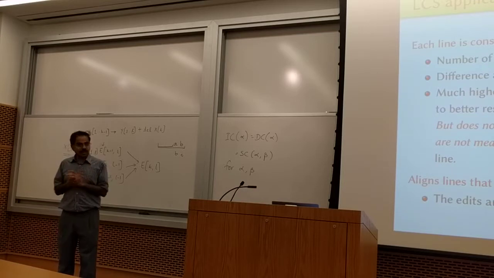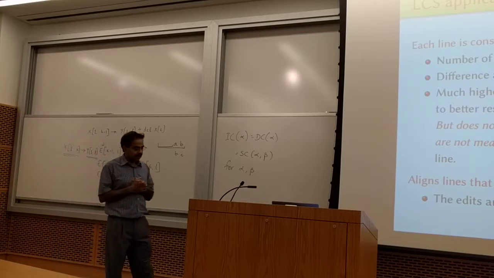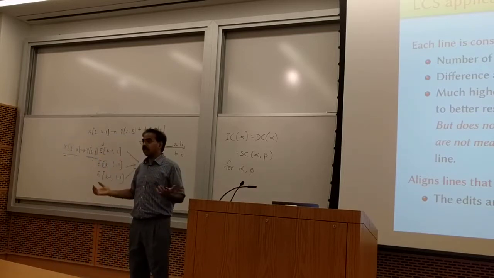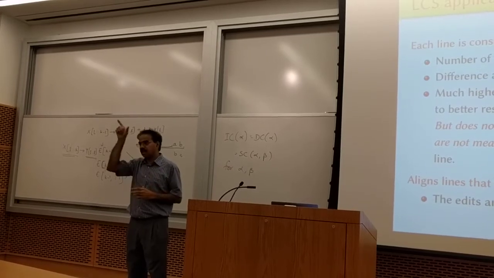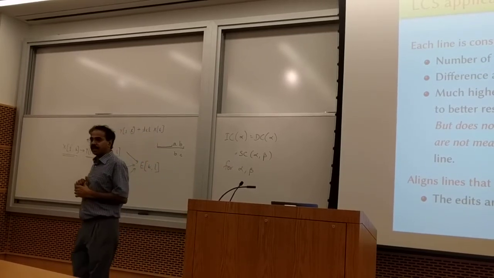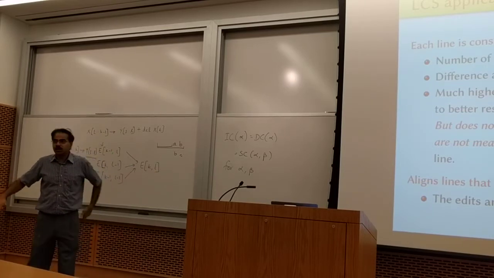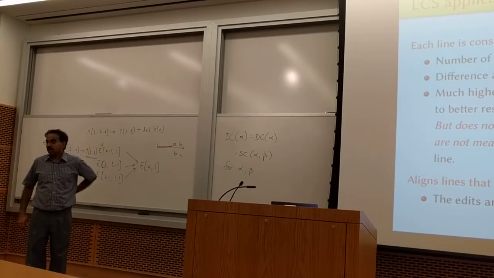Another reason why you look at lines is because that cuts down the length of your strings. Now your string has the length equal to the number of lines in the file, because each line is being converted into one character. So your m and n become much smaller. You can imagine that lots of files could be 100,000 bytes.